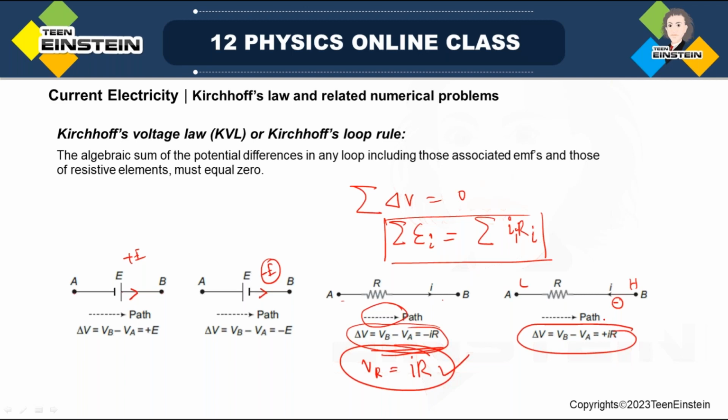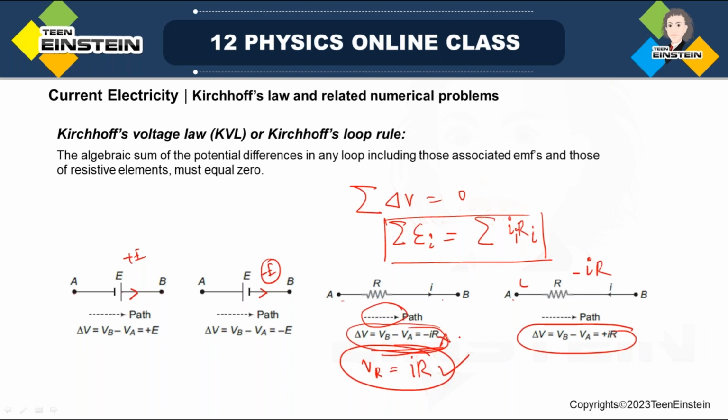The change in the voltage is positive. But in this case, suppose we are going through the path A to B, the voltage drop across this resistor I have to take as minus I into R, because I'm going from A to B, but the current is flowing in the opposite direction. So this is what we will follow.